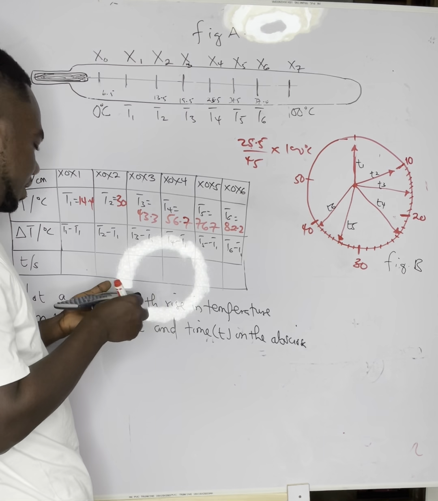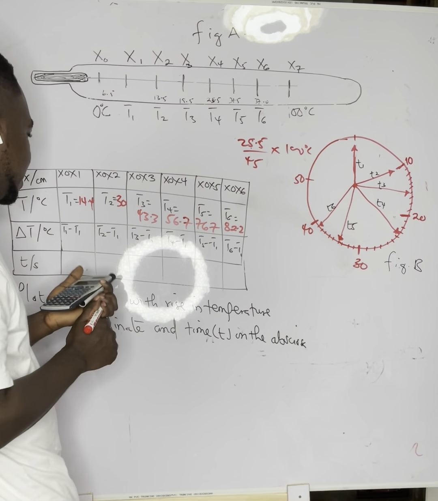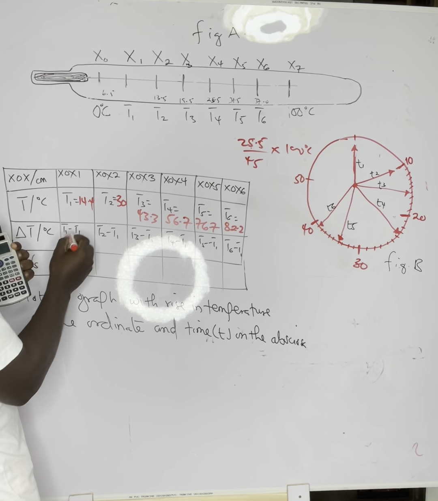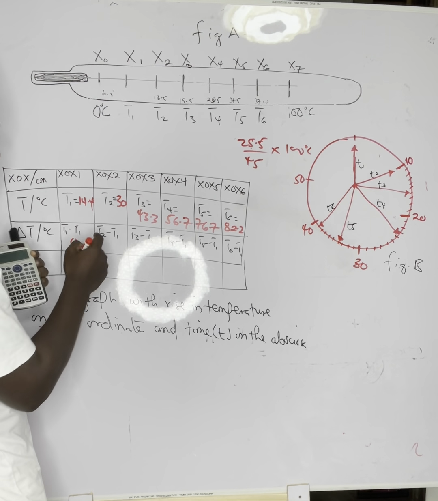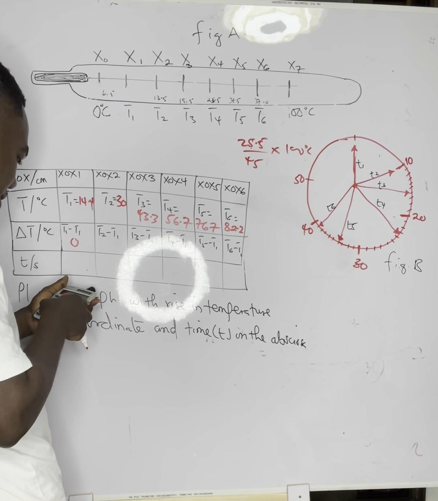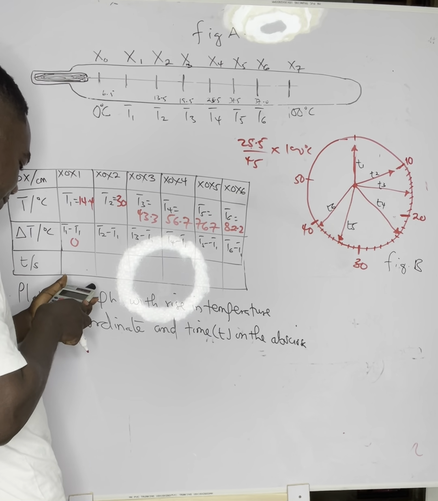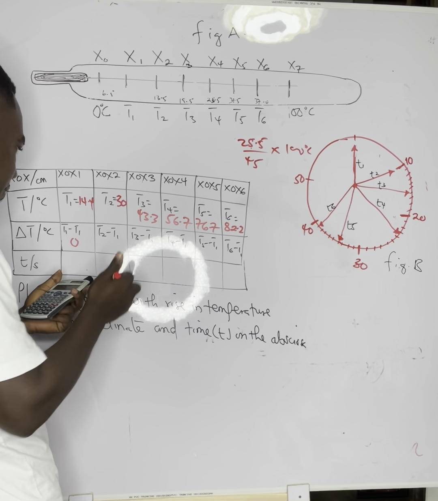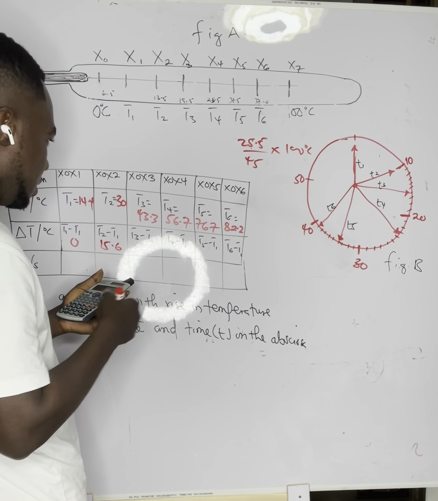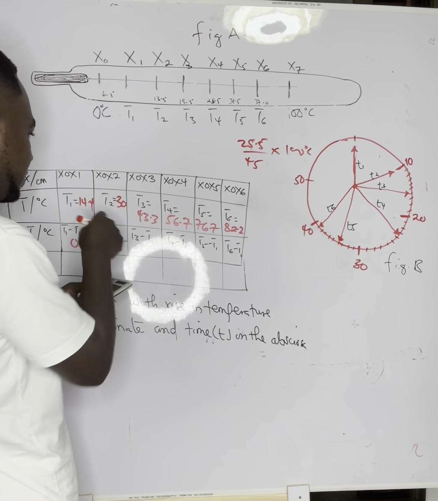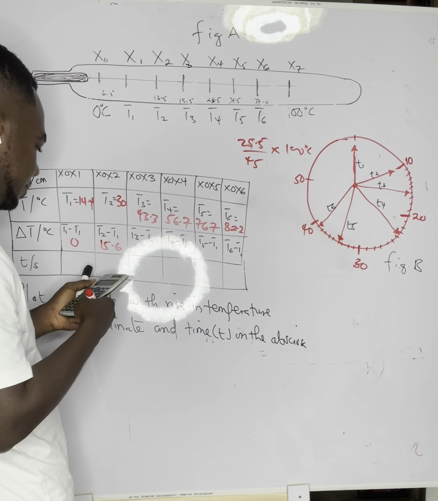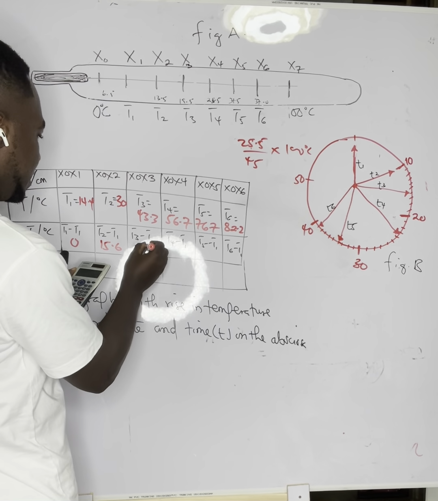To find the change in temperature, that's the differential in temperature: T1 minus T1 gives us 0 degrees Celsius. T2 minus T1, that's 30 minus 14.4, is 15.6. T3 minus T1, 43.3 minus 14.4, is 28.9.